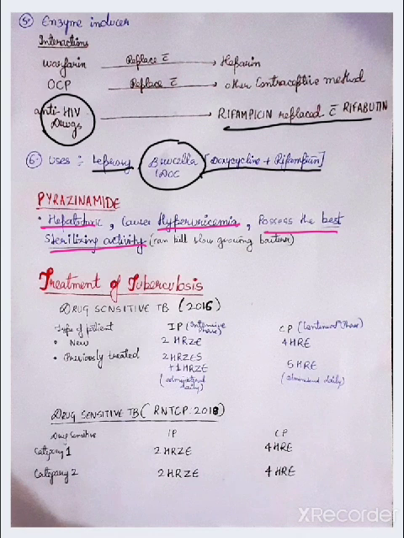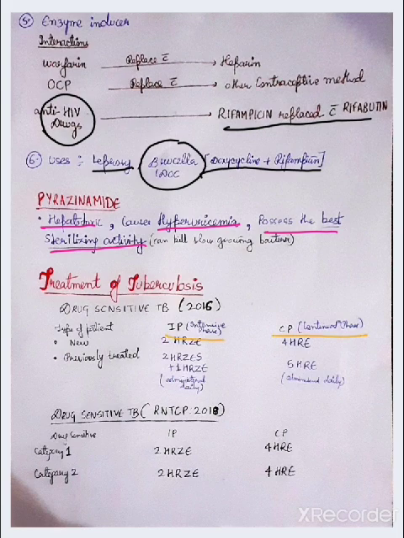Now the treatment of tuberculosis: the drug sensitive TB regimen of 2016. Type of patient: new. We have two phases: intensive phase and continuation phase.